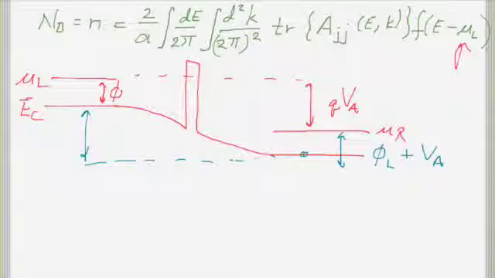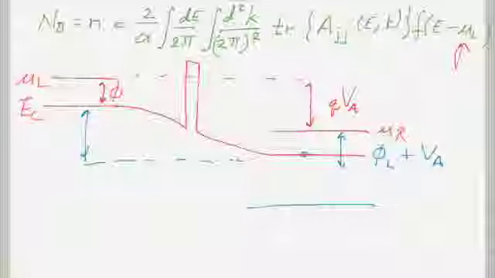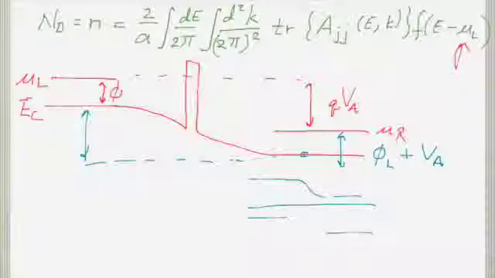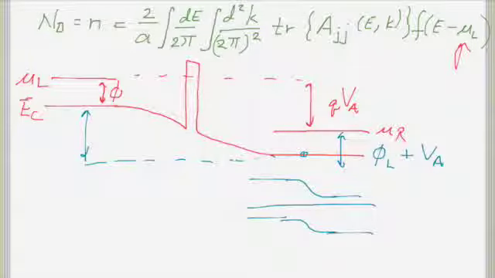PN junction is a classic example, right? In equilibrium you've got a flat Fermi level, and you've got one side that's p-doped and one side that's n-doped. So when you go from one side to the other, you drop by that built-in voltage due to the dopants. And so the same kind of effect happens here.